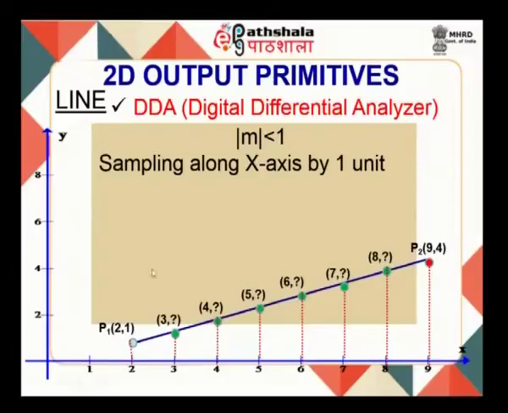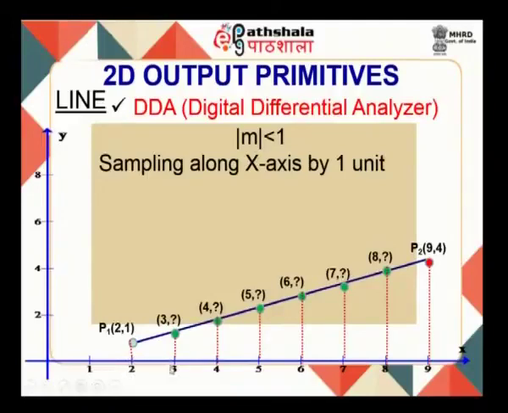You can also sample at 2 units, 3 units, 4 units and so on, but as we know very well, the higher the sampling frequency, the better the approximation of the true line. So, the highest possible sampling frequency is 1 unit, because no in-between points can exist on a display device.